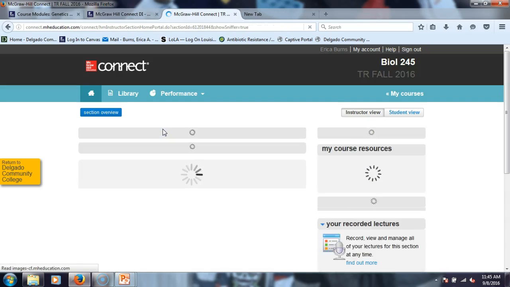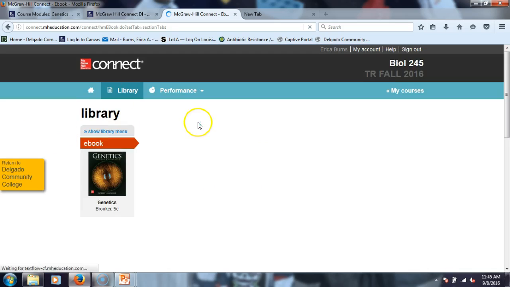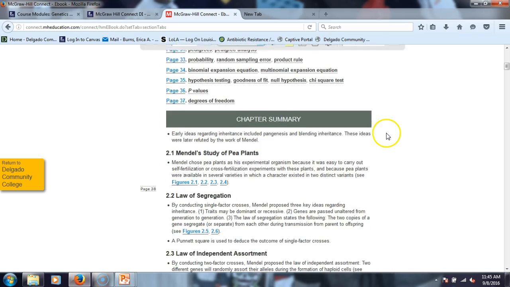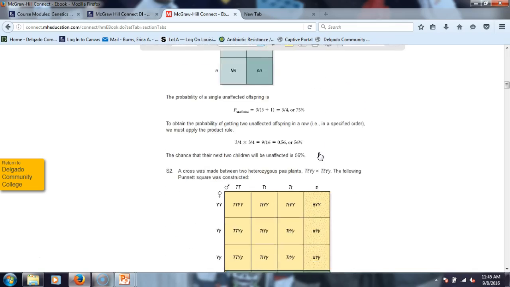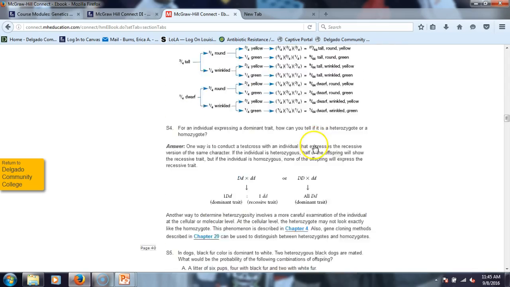There are, in your book, more problems that you can do. The answers to those problems, if you're using the ebook, are right there, except, let's see, I am at the end of the chapter. So there's the solve problems, which they answer right then for you.